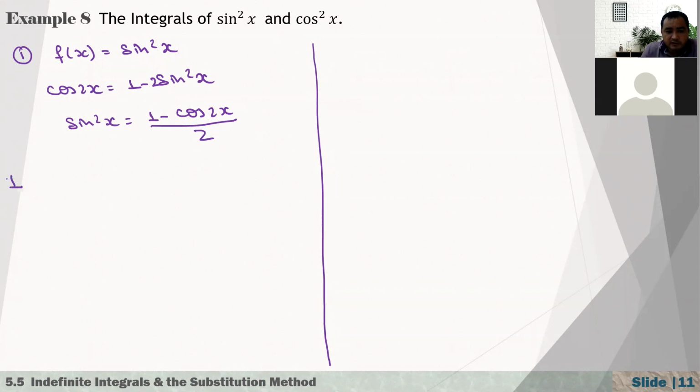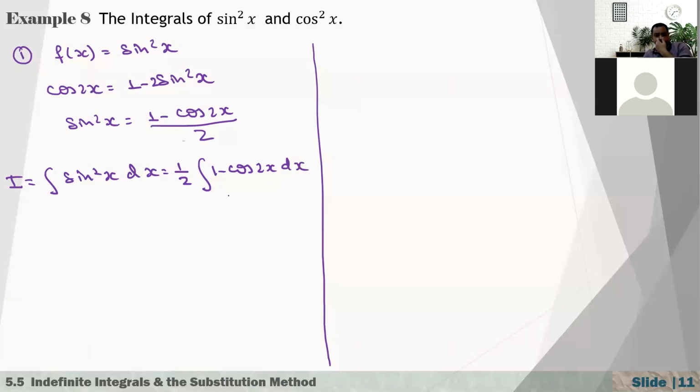To integrate this function, the integral of sine squared of x dx, I can keep 1 over 2 outside: 1 over 2 times the integral of 1 minus cosine of 2x dx. Now we don't have any function whose power is greater than 1, so we know how to integrate them. The first part is just x.